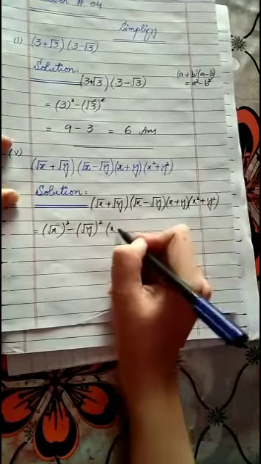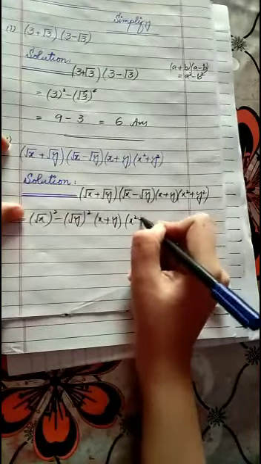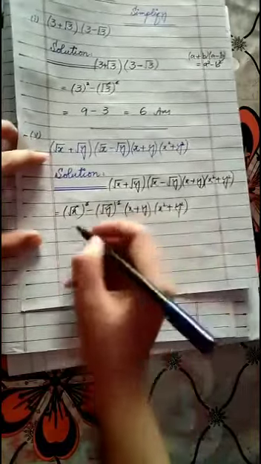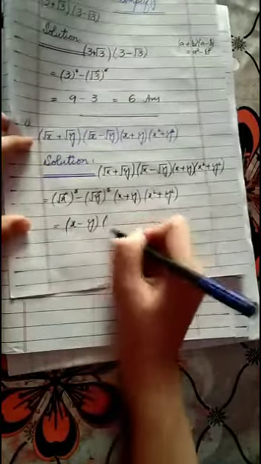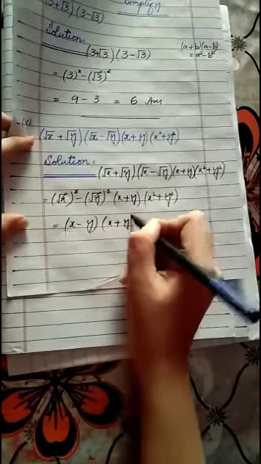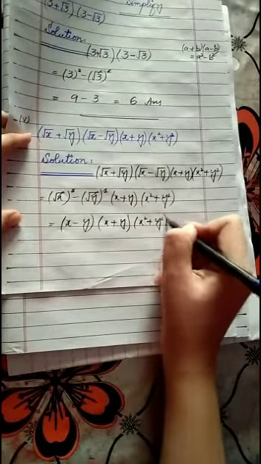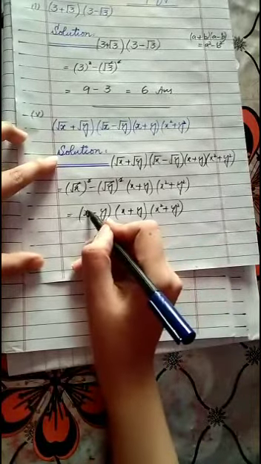this one as it is, both are cut with powers. So what is left? x minus y is left into x plus y as it is, x square plus y square. Both are the same terms, just the sign is different.